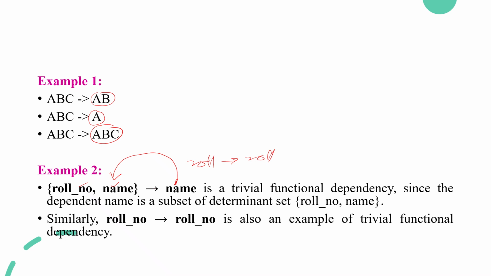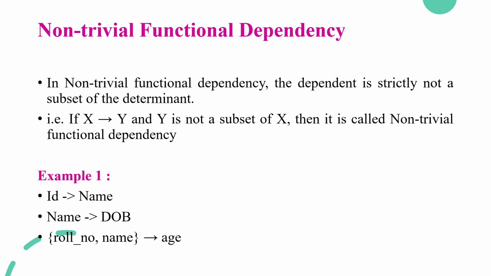So trivial functional dependency means the dependent should be a subset of the determinant. And next is a non-trivial dependency. Non-trivial dependency means the dependent should not be a subset of the determinant.